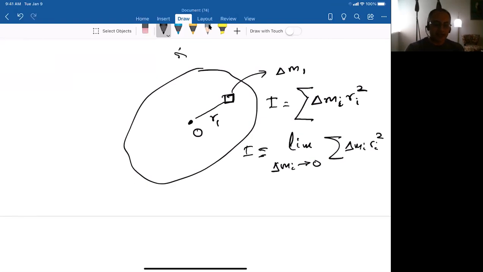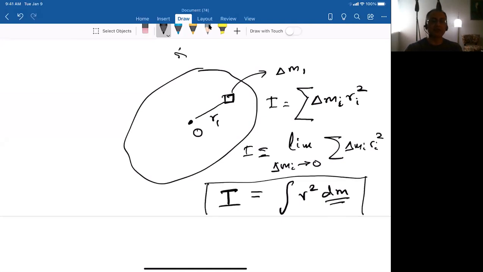Now, this particular summation, you know that when you take a limit of a sum in math, it becomes an integral. So this just becomes the integral of r squared dm, where dm stands for these delta m's, which you've made so small that they are infinitesimal. So this is the actual formula for the moment of inertia of an extended object.